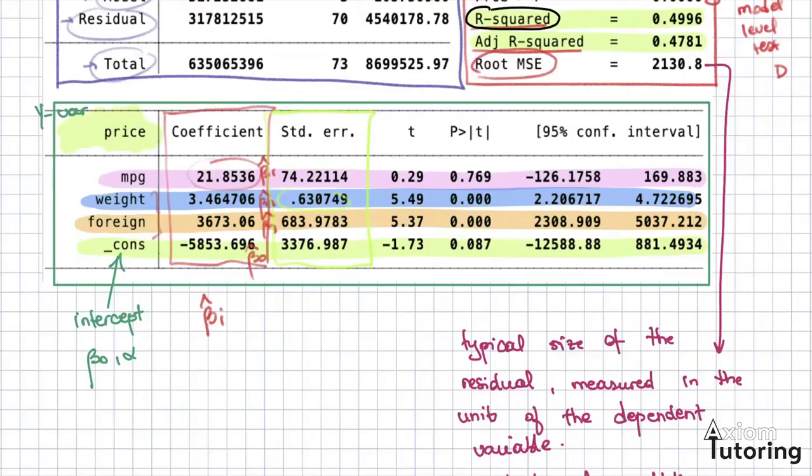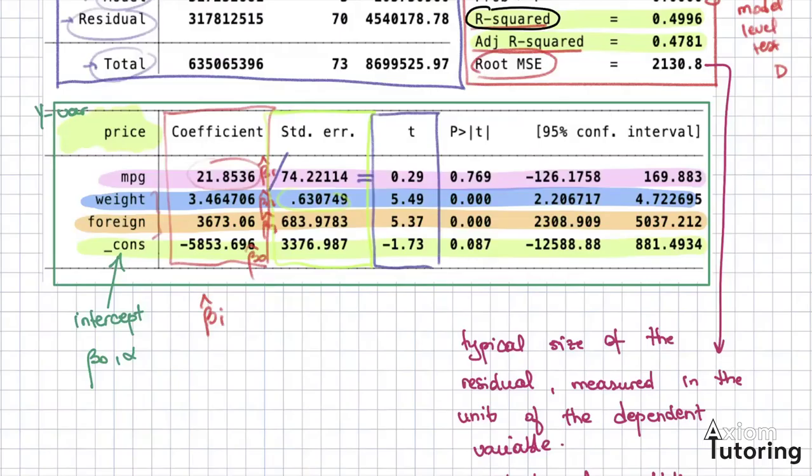The next column is the t-statistic. And notice, this t-statistic can be calculated by yourselves as long as you have the coefficient and the standard error here. So notice that if you take the coefficient and divide it by the standard error, you are going to get exactly the same number that you have in this t column. Okay? And remember, the t-statistic compares the estimate to its uncertainty.